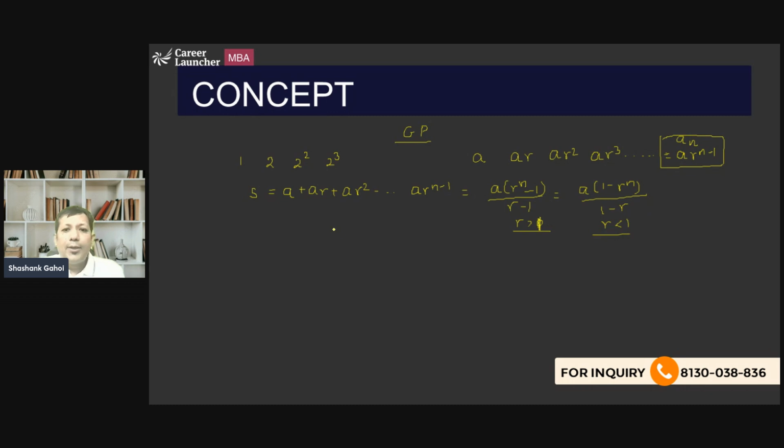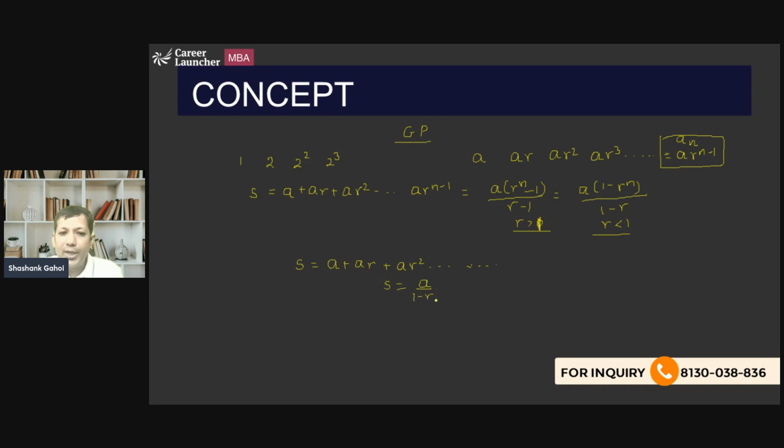Okay. So basically there is one more series, that is infinite GP. So what is infinite GP? That is a plus ar plus ar square up to infinite terms. And the sum is defined as a upon 1 minus r.